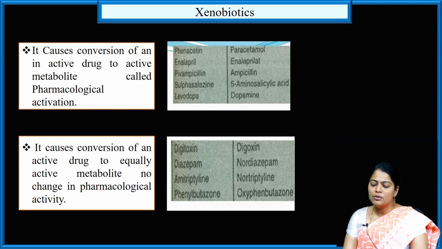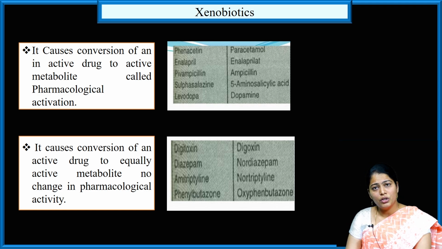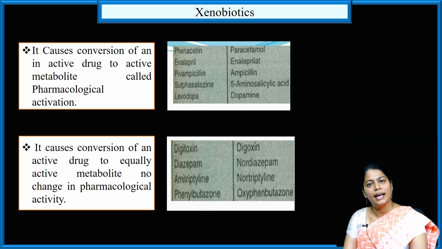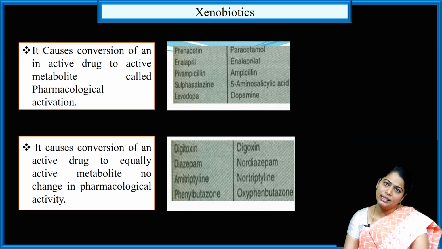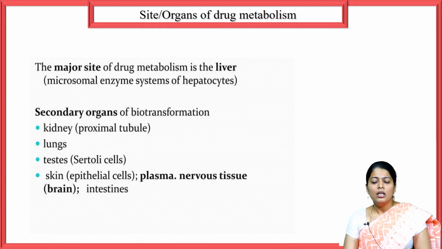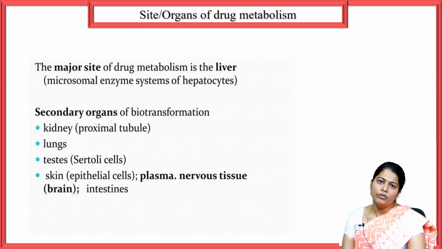Digoxin is used for congestive heart failure, diazepam is a depressant, and amitriptyline is also used to reduce excitement. All these types of drugs, when they enter metabolism, are also converted into an active form of drug.